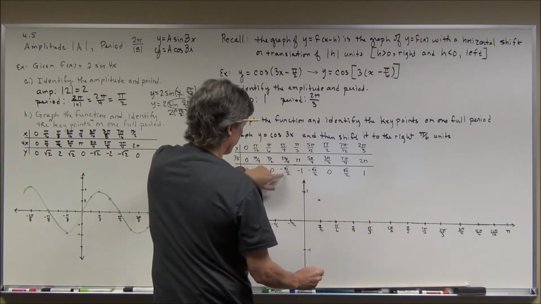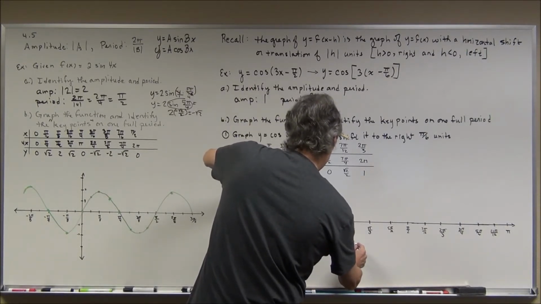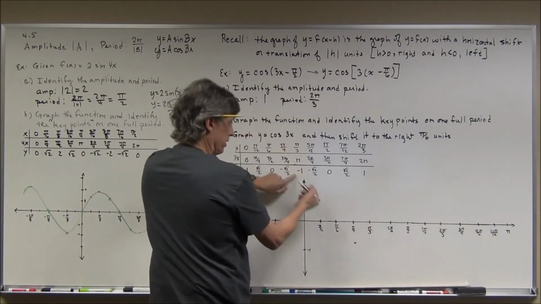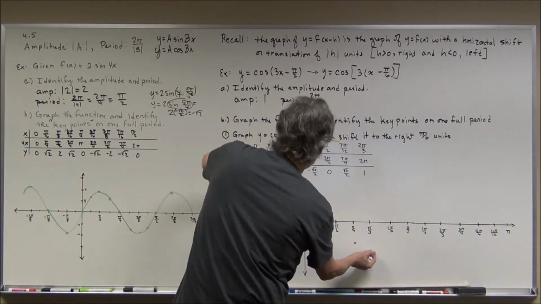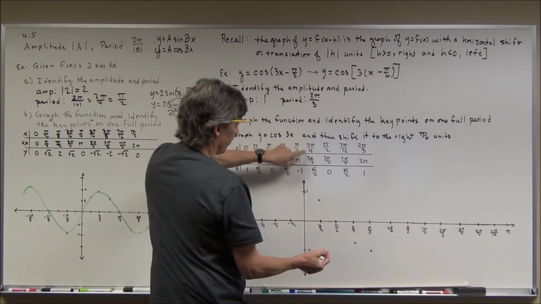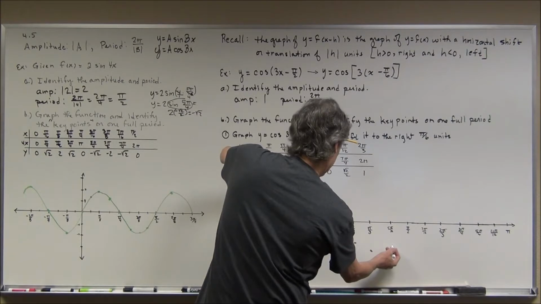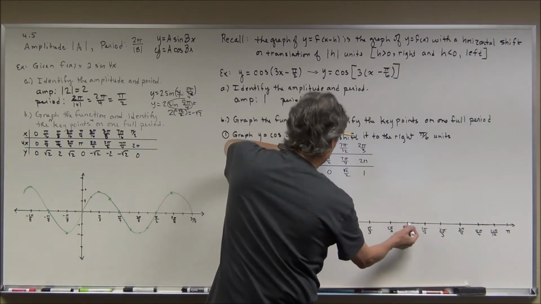I have pi over 4, negative square root 2 over 2, or about negative 0.7. Pi over 3, negative 1 down here. Then I have 5 pi over 12, negative 0.7. And pi over 2, 0.